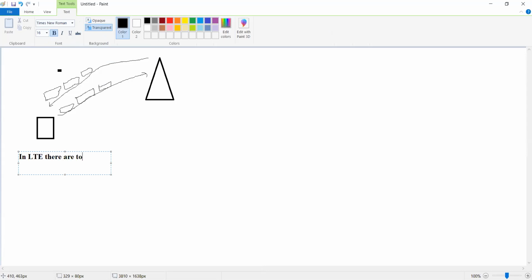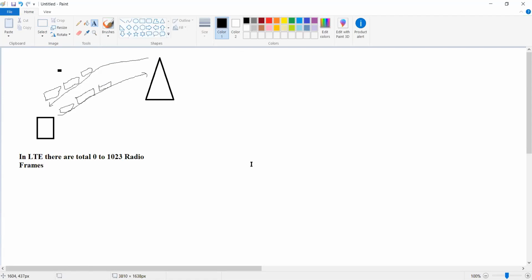In LTE there are a total of 1023 radio frames. We are transferring via the radio interface, that's why we call them radio frames.